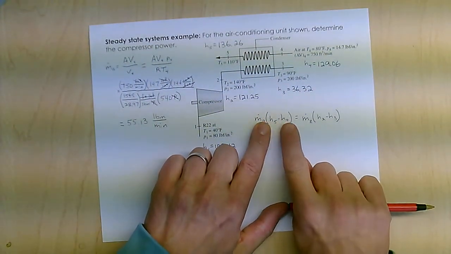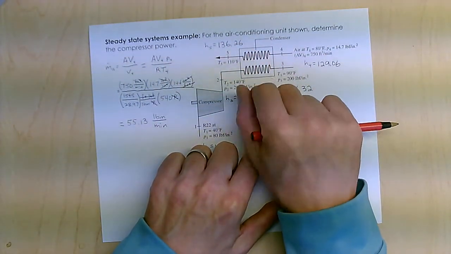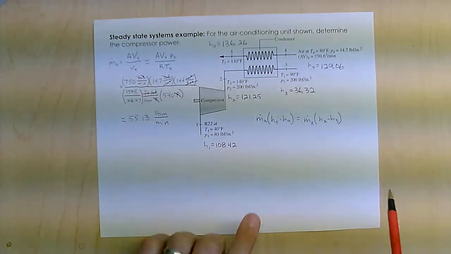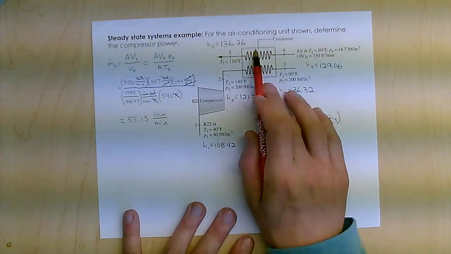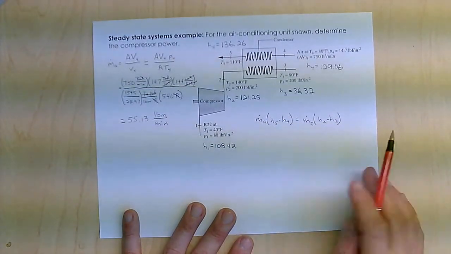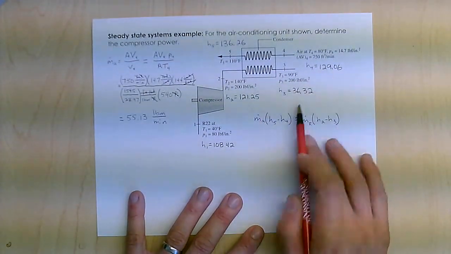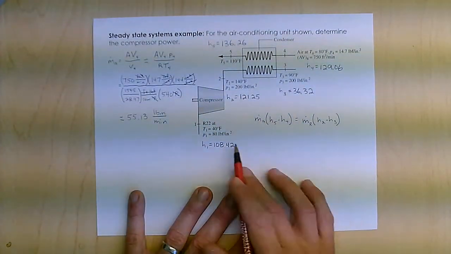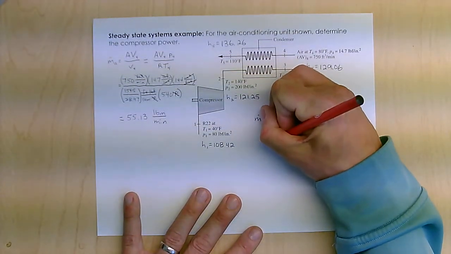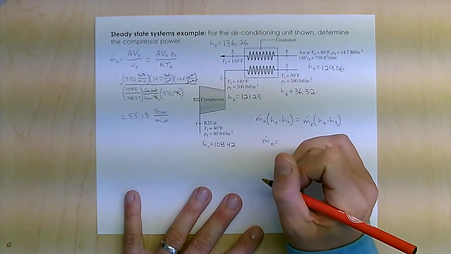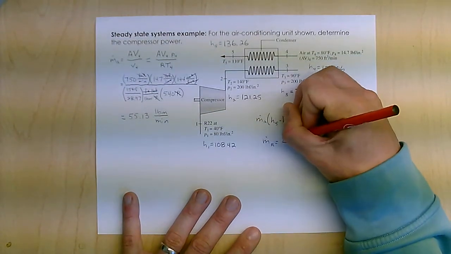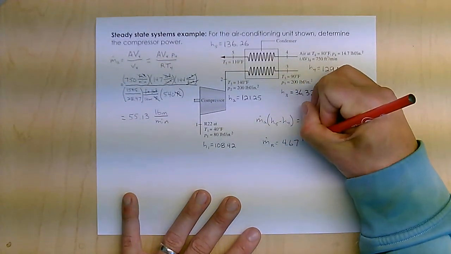Basically, again, Q into this is Q out of that. Okay, so the heat transfer between those two streams, basically the delta H's have to be equal. So I can plug in all my H values, plug in my air value, and I can find the mass flow rate of the refrigerant equal to 4.67 pound per minute.